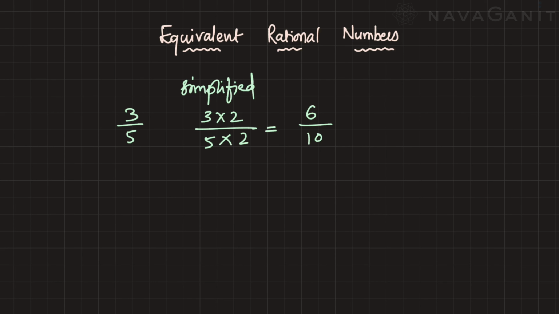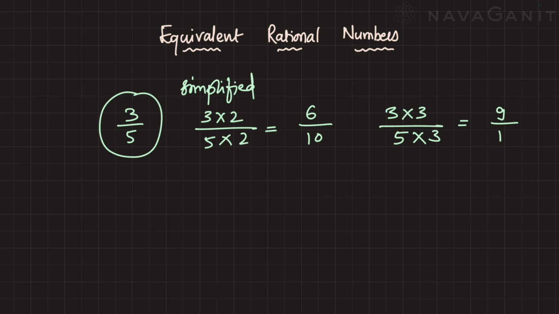Say I multiply numerator and denominator of 3 upon 5 by 3. So 3 multiplied by 3 upon 5 multiplied by 3, which is 9 by 15. In this case, I say that 3 by 5, 6 by 10 and 9 by 15 are all equivalent rational numbers.